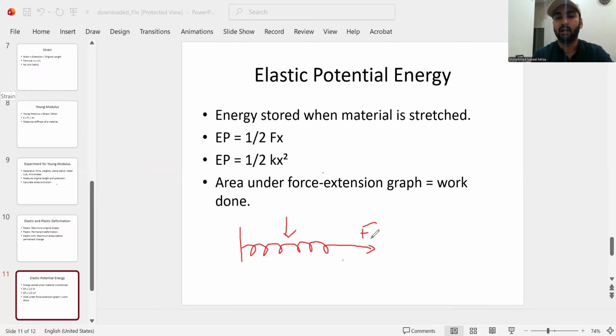When I remove the force, it automatically comes back to its original position. Without applying any force, it goes back to its position due to the potential energy which we provided during the stretching. After removing the stretching, the spring comes back to its original position by the energy that we provided during the stretch.